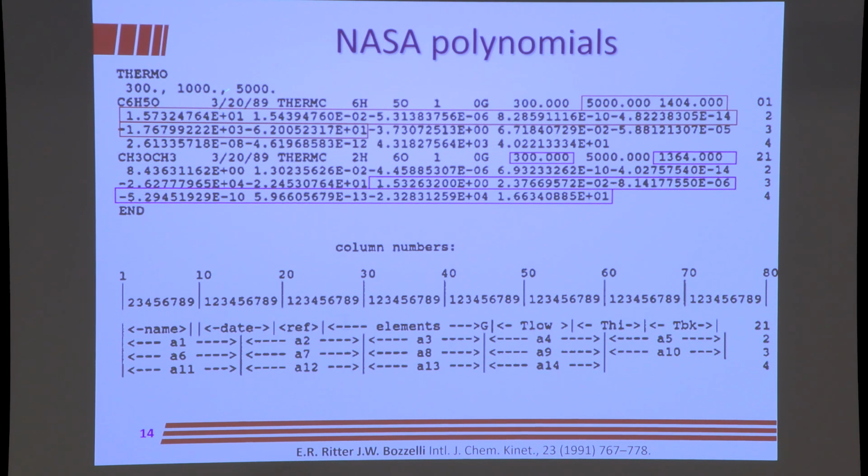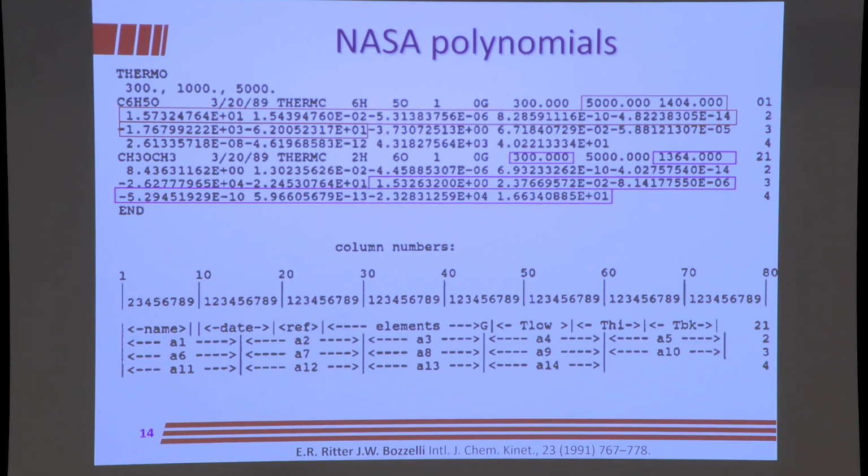The thermochemistry was generated a long time ago using this code, Therm, right? It says there's 6 carbon atoms, 5 hydrogen atoms, 1 oxygen atom, and it's in the gas phase. And then it gives these numbers. So it has 300, it has 5,000, and it's 1404.